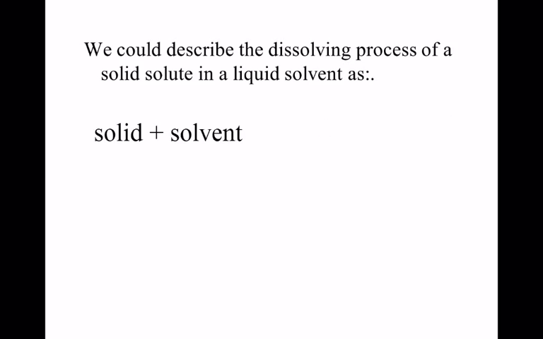So I want to write the dissolving process like a chemical reaction. With chemical reactions, we read them from left to right. So dissolving, I'm going to write from left to right. We start with the individual solid solute and the solvent, by themselves. And the product that we're going to get is, dun, dun, dun, the solution.